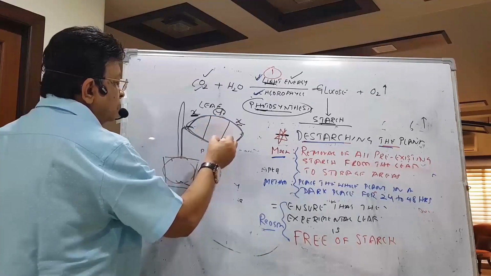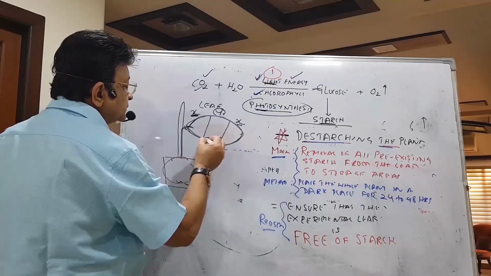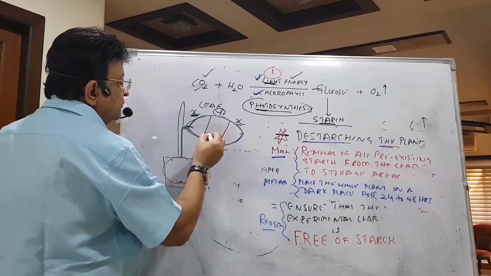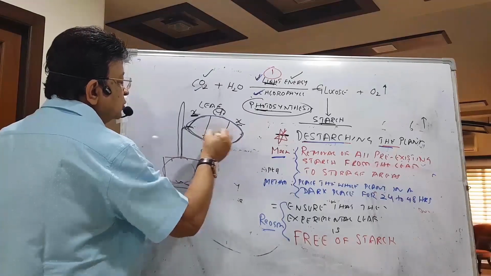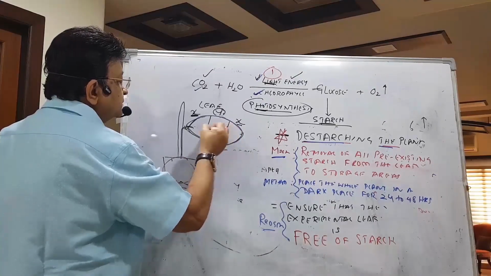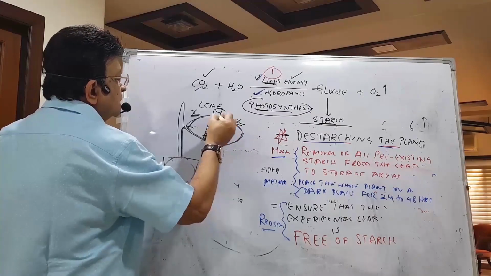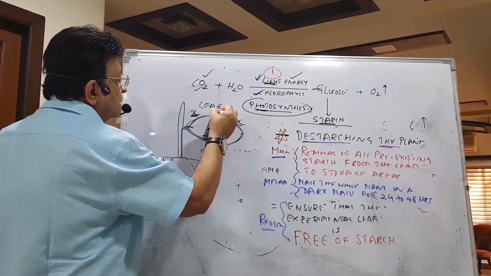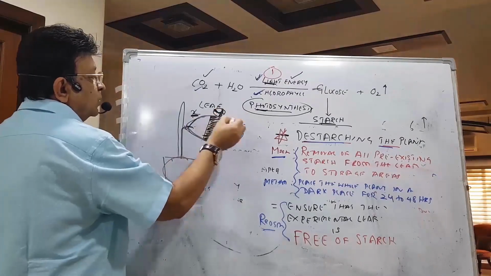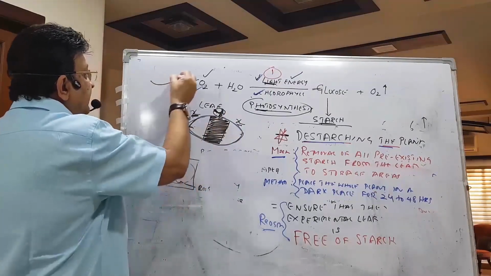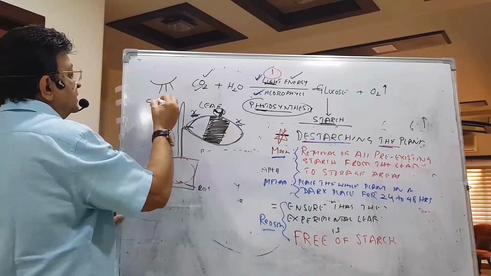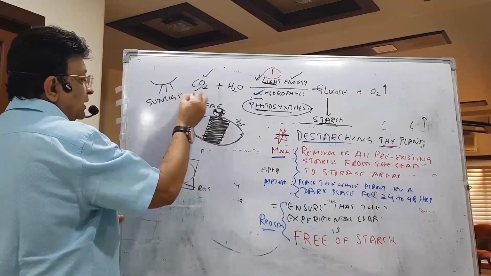So obviously there is no starch in the leaf. I now mark the area X, Y and X. Now I create sunlight.